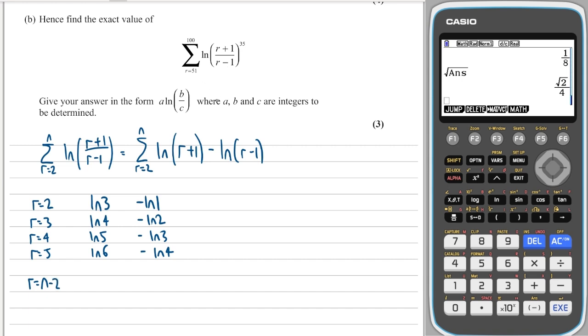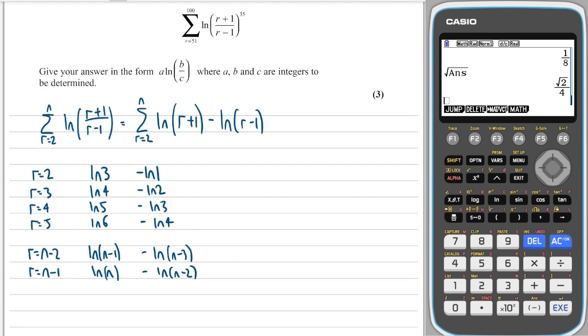Why not? And then add on 1 will give me ln of n minus 1 minus ln of n minus 3, and then we'll get ln of n minus ln of n minus 2, and then finally we'll have ln of n plus 1 minus ln of n minus 1. Okay, it might be a bit over the top to do all of these, but I like to do it, it's fun, and we get to then see the cancellations.